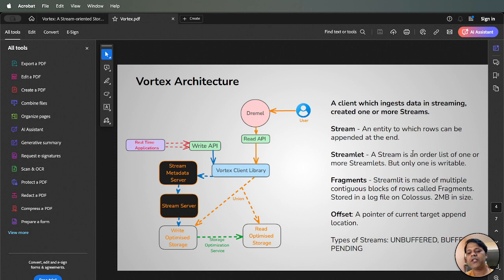Buffered means it will wait for commits. How it happens we will see in the paper, but these are the three types. Pending means one whole stream will stay alive for a long period of time while the data is coming in, and at the end it will commit and the data gets materialized. We will look in detail in the paper itself, but this is just a little overview.